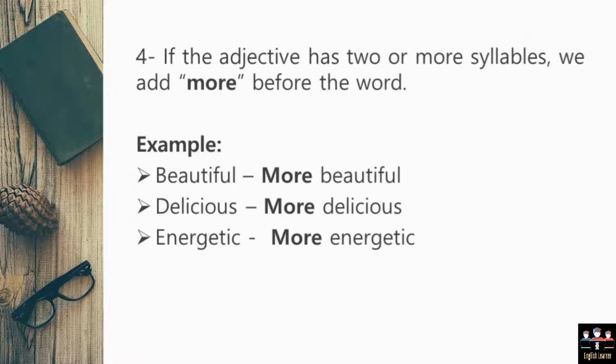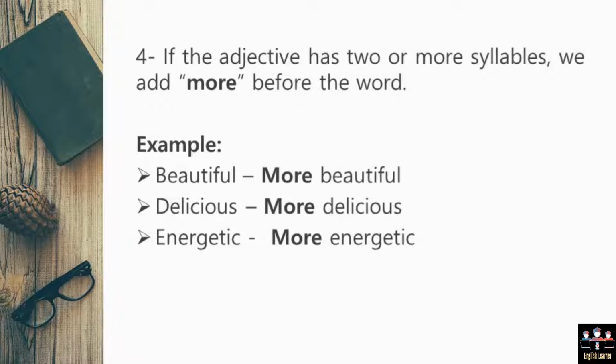Number 4 rule. If the adjective has 2 or more syllables, let me just tell you what a syllable is. A syllable is a unit of pronunciation having one vowel sound with or without surrounding consonants, forming a whole or part of a word.